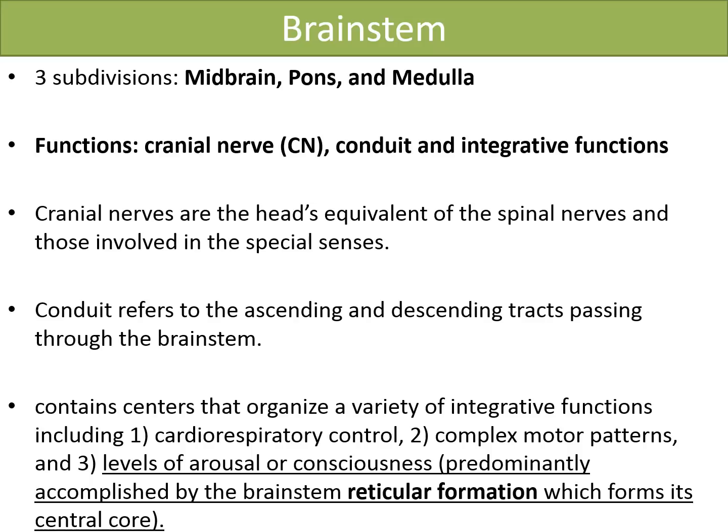The integrative functions include cardiorespiratory control that you've recognized already, certain complex motor patterns, and in particular, it controls certain aspects of arousal and consciousness, particularly a structure known as the reticular formation, which is the central core and which is critical for consciousness.